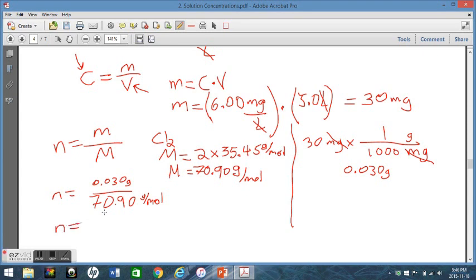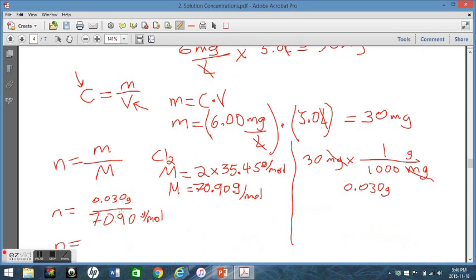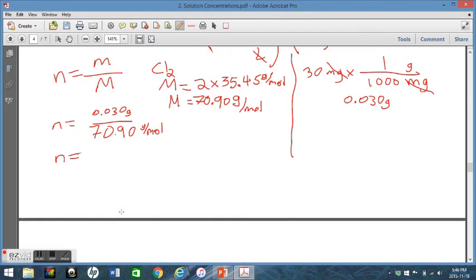Okay, and so I plug this in to my calculator that I have out. There we go, 0.030 divided by 70.90, and I have 4.2313 and so on times 10 to the negative 4. That's what my calculator spits out. Again, I'm going to find the concentration, so I'm going to just leave this in my calculator as a big number.